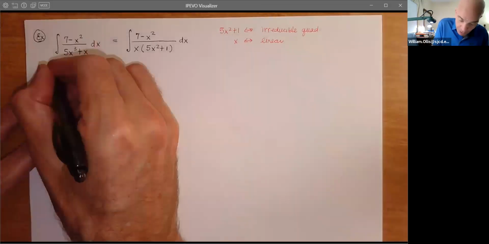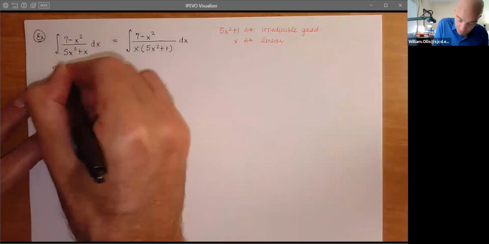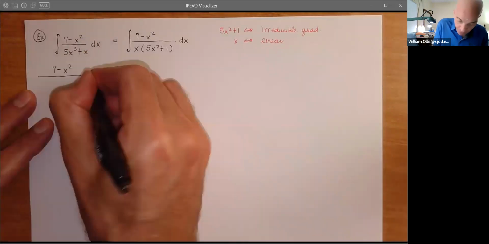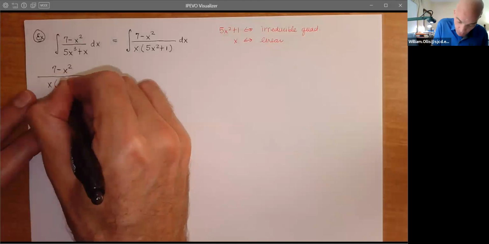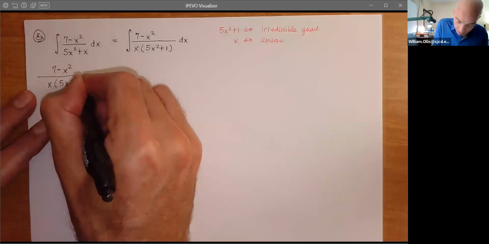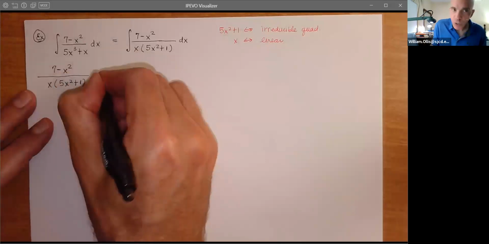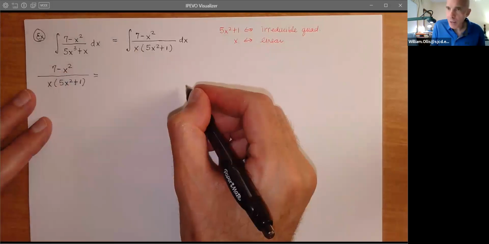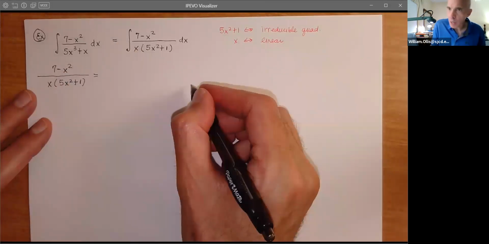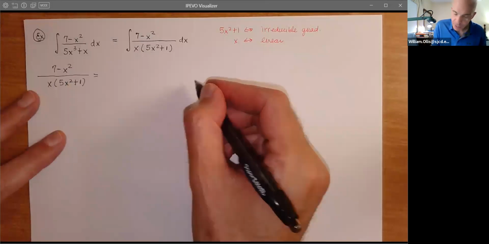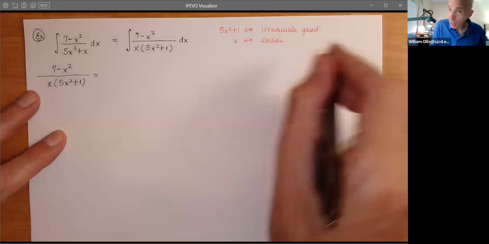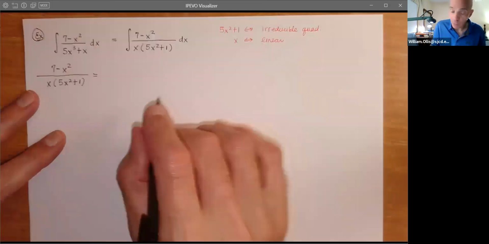So now we have 7 minus x squared divided by x times 5x squared plus 1. Whatever algebra you do to the problem is always fine as long as it's consistent. You don't have to worry about it changing the problem or making it incorrect. If it's legal and puts you in a better level of comfort with the problem, then do it.